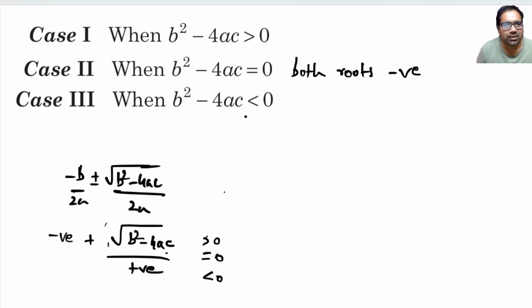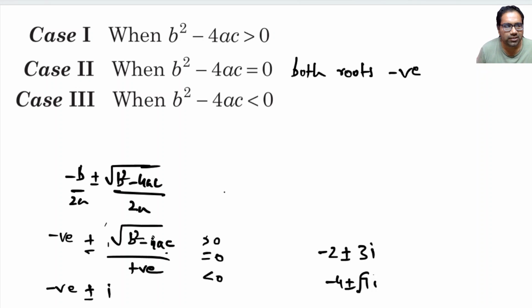Now, if b square minus 4ac is less than 0, then what will this become? Negative plus or minus complex i into something. Negative plus or minus complex part, right? Because b square minus 4ac is less than 0, we will get roots like minus 2 plus or minus 3i or minus 4 plus or minus root 7i, whatever.